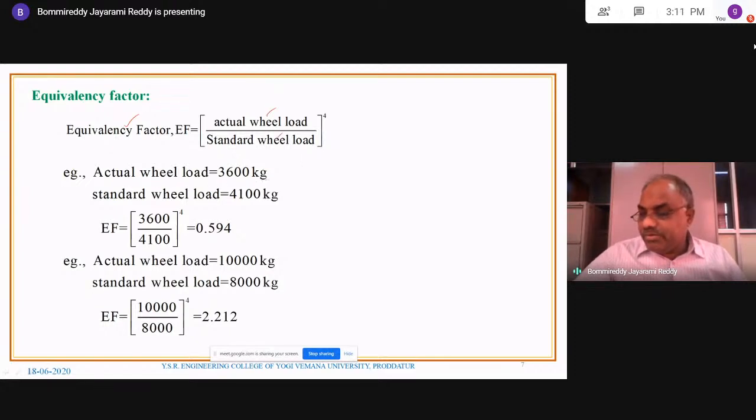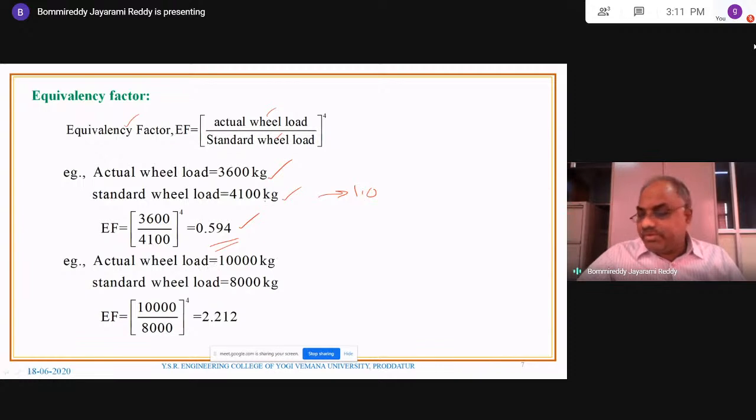Say the load on the pavement is 3,600 kg. What is the equivalency factor in terms of the standard wheel load? The standard wheel load is 4,100 kg, and the EF is computed as 0.594. So that means, if you consider the standard wheel load's damage factor as 1, then a 3,600 kg wheel load passing on the pavement is only 0.594.